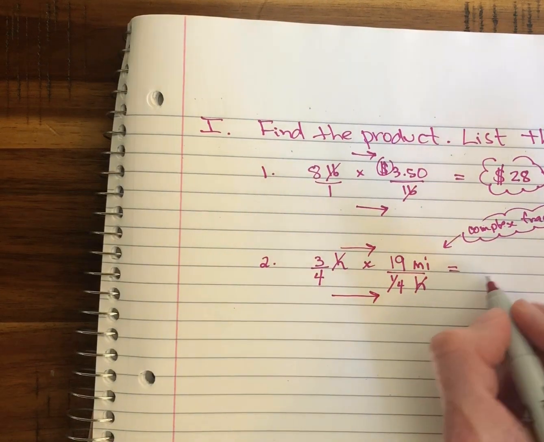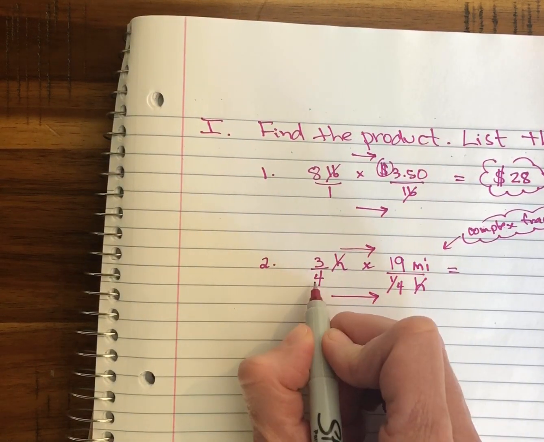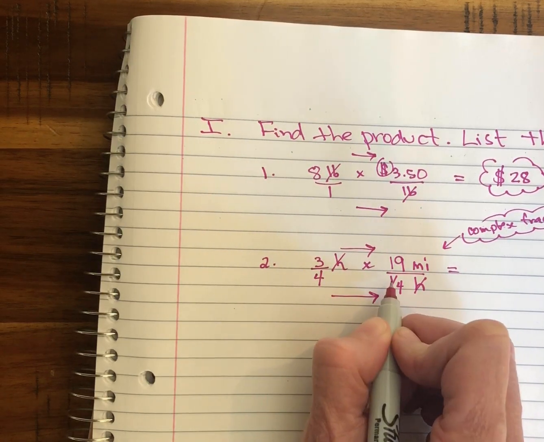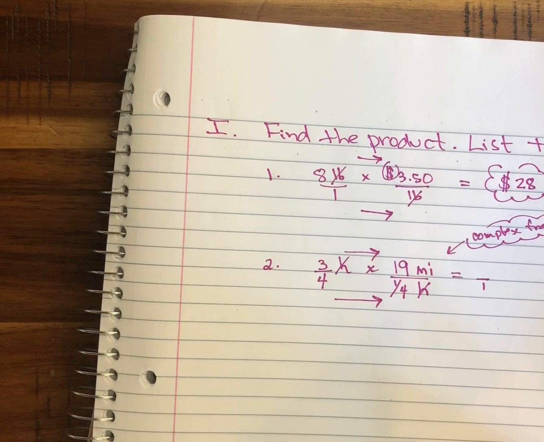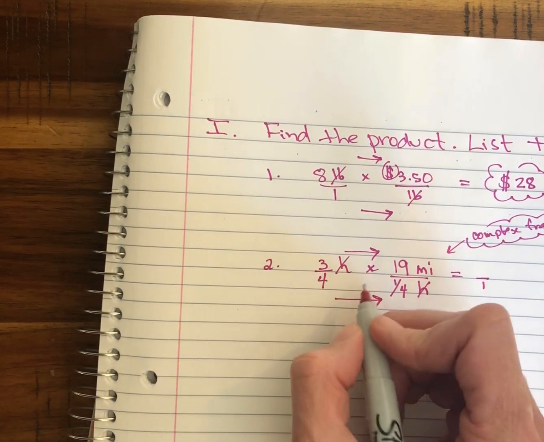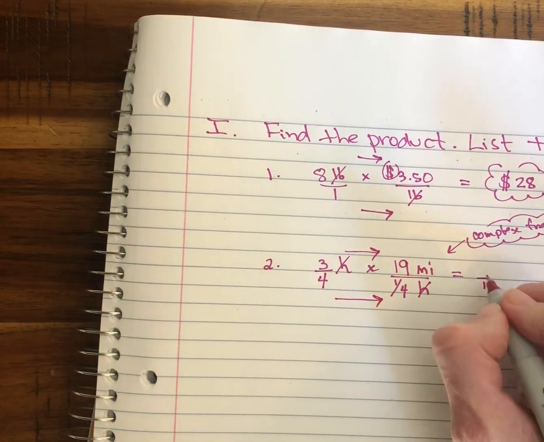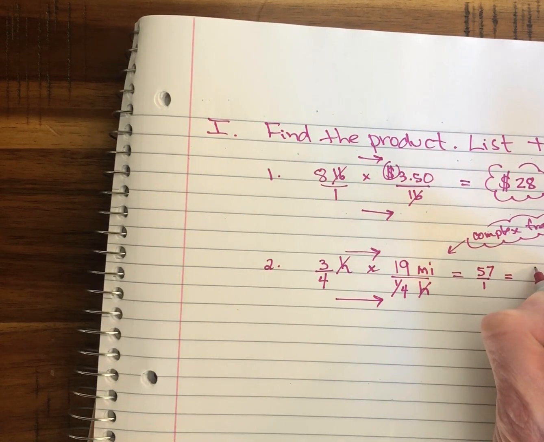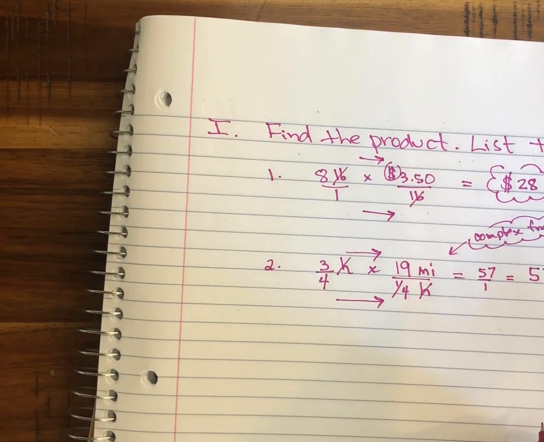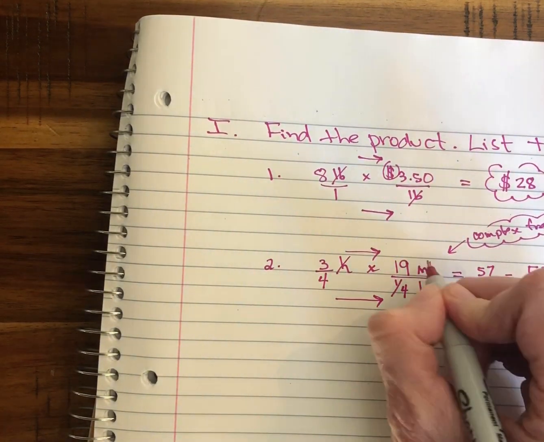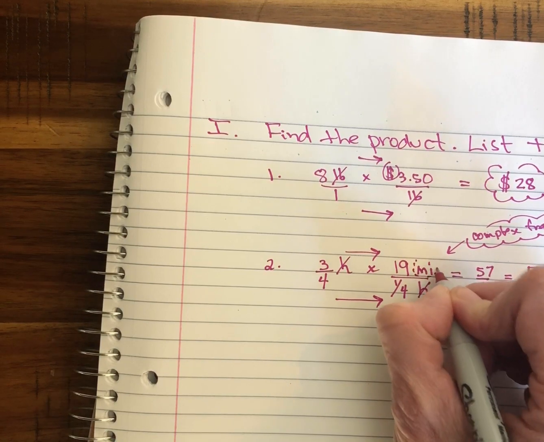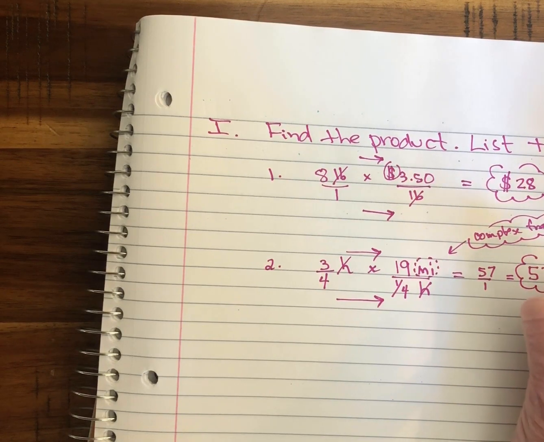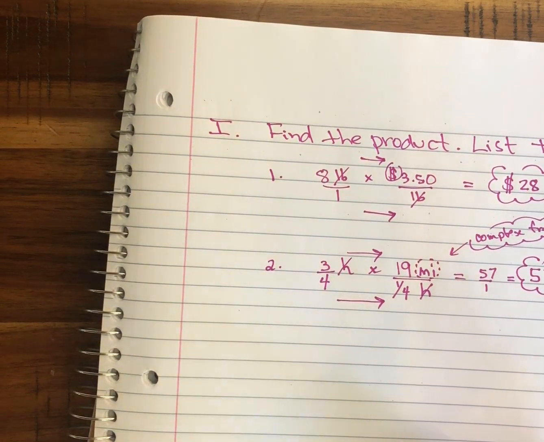So let's start with our denominator. 1/4 of 4 is 1. 4 times 1/4 is 1. And then I need to work out 3 times 19, which is 57. Well, 57 over 1 is the same as just 57. We have to make sure we include the units. So miles is the only unit left. So here would be our final answer, 57 miles. Okay.